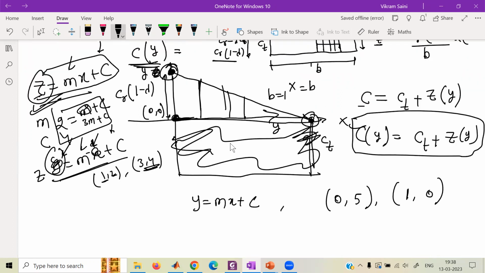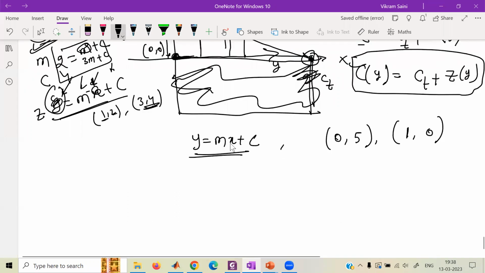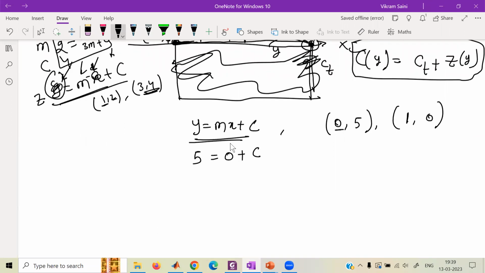I put x equal to 0. c is unknown, y is equal to 5. So c turns out to be 5. Let's take the other point. y is equal to 0 and m times x, which is 1, plus c, which is known to us as 5. So m plus 5 is 0, m is equal to minus 5.